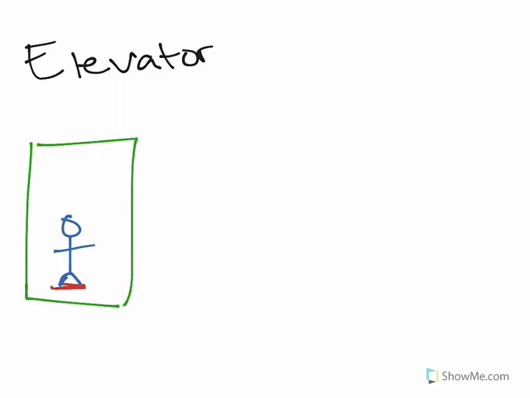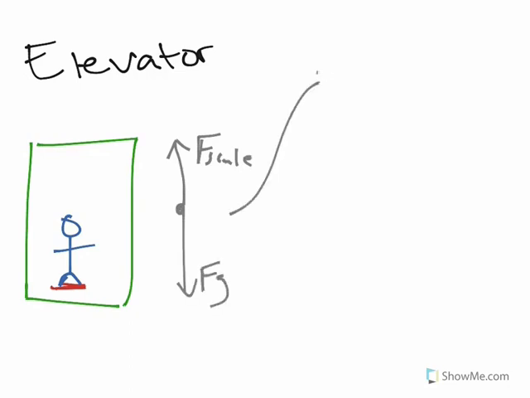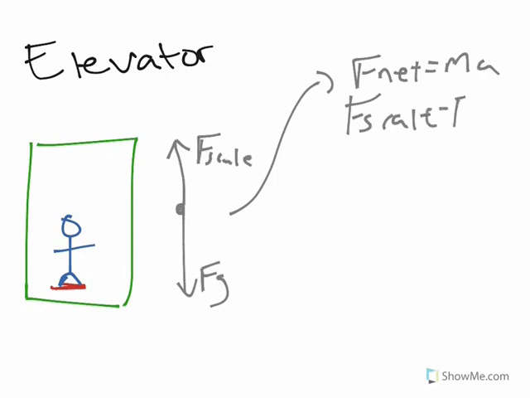It really doesn't matter what the question is. You start the same way. You draw the force of the scale up, and then you draw the force of gravity down. And then, after that, you can plug it into the Fnet formula: the force of the scale minus the force of gravity equals mass times acceleration.